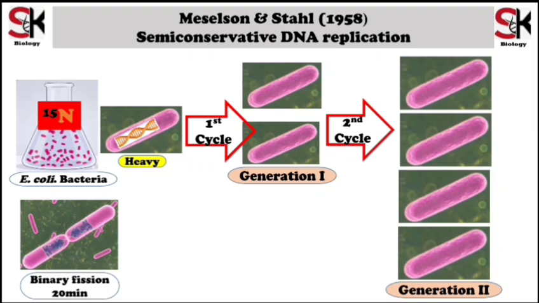Then they grew these heavy DNA containing bacteria in another medium containing N14, the light isotope of nitrogen. After one cell division cycle, 2 bacteria will be produced and their double-stranded DNA will have one old strand containing the N15 isotope and one new strand with the N14 isotope.